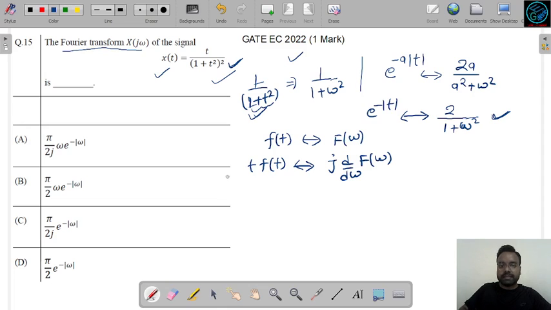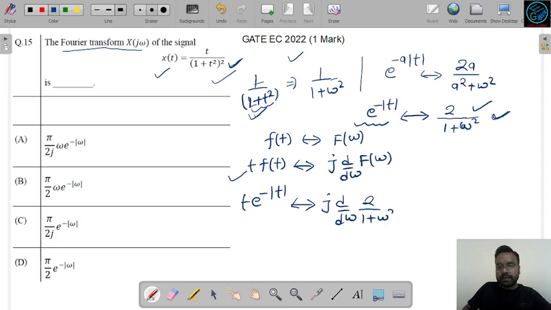So just apply this property for this signal e to the power minus mod of t. So for t into e to the power minus mod of t, the Fourier transform is j d over d omega of the Fourier transform of e to the power minus mod of t, which is simply 2 upon 1 plus omega square.